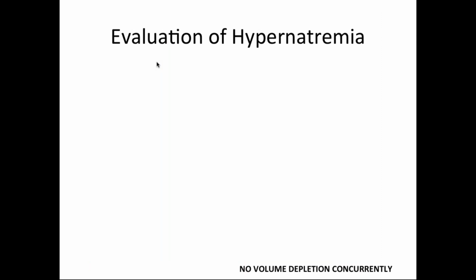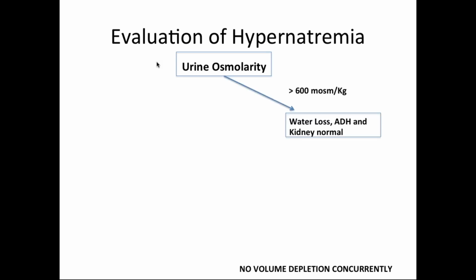So how do we evaluate someone with hypernatremia? The first thing is, if someone has hypernatremia, you can check a urine osmolarity. In the setting of hypernatremia and hyperosmolarity, the ADH should be secreted by the brain and the kidney should respond to that ADH with a high urine osmolarity, something more than 600.